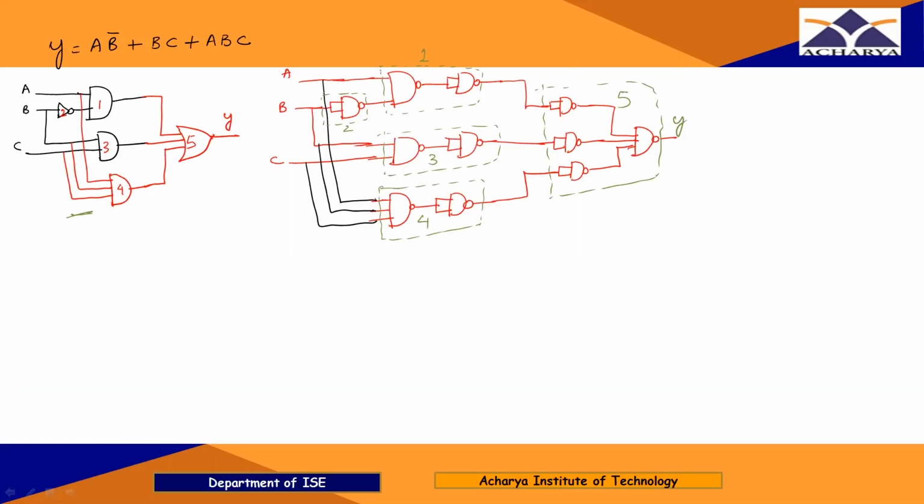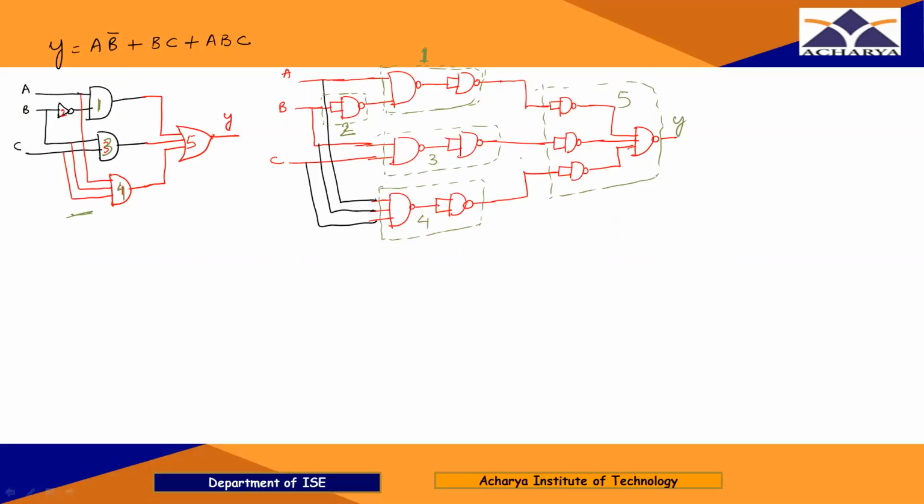So here, just to make you understand, I've marked this. This belongs to the first gate here I have written, and this belongs to the second gate, and see here I have written gate number 1, 2, and here it is 3, this is 4 and this is 5. So everything I have mentioned here just to make you understand, right?